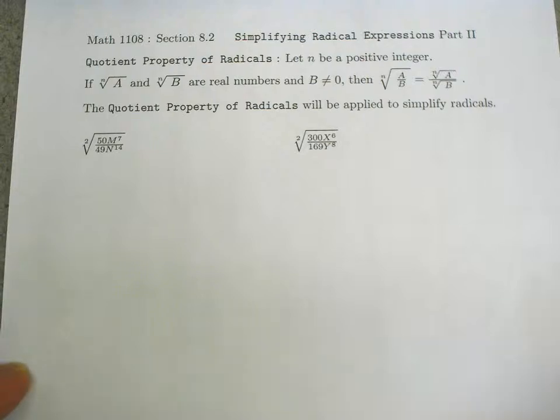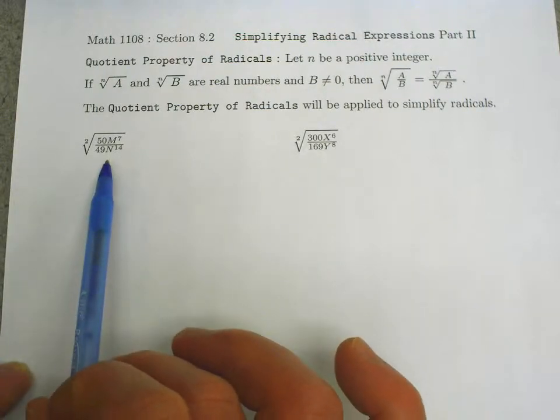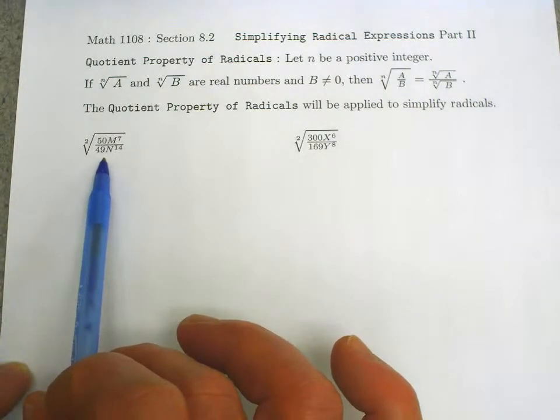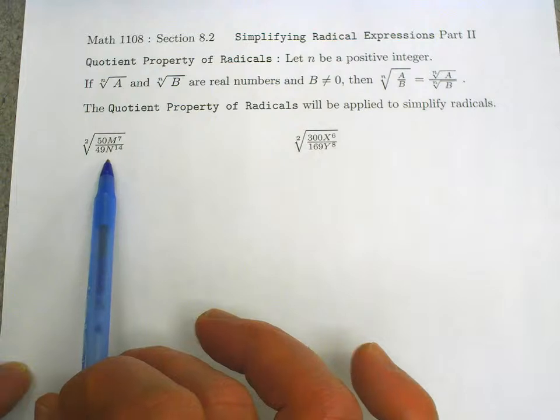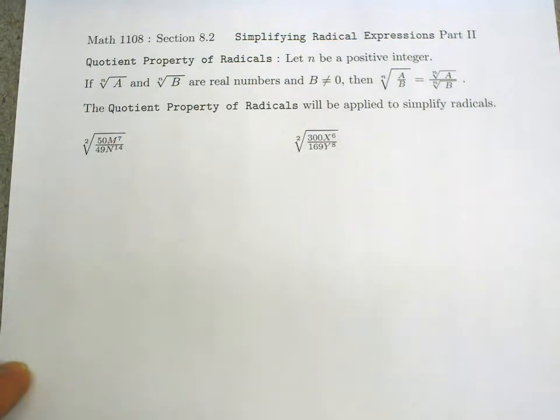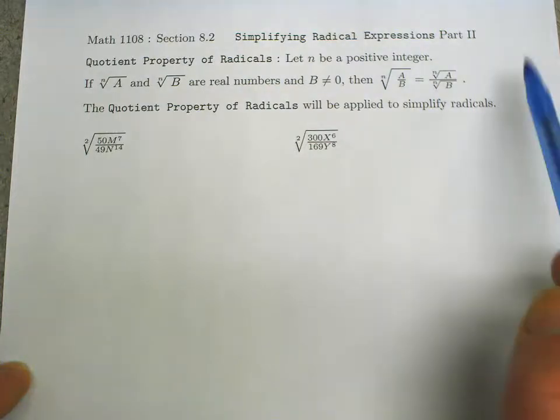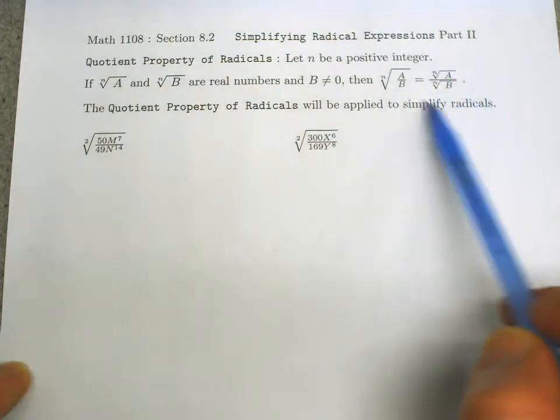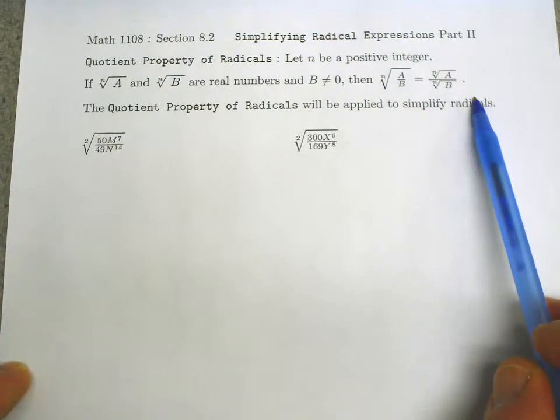So one way to go about this, first check to see if the quotient can be written in lower terms. This one cannot be written in lower terms. So we can write it as a quotient of square roots using the quotient property of radicals.